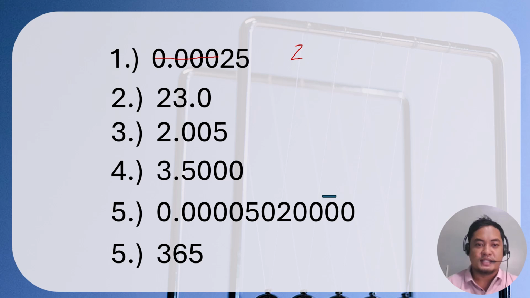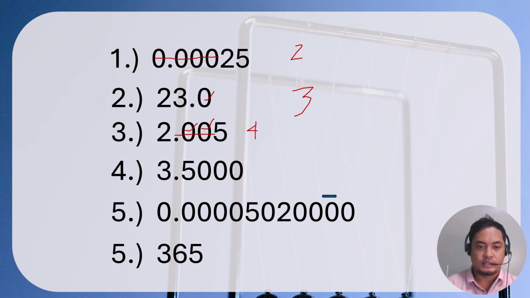The next, it's a decimal number greater than one. So if you still recall, when it's greater than one, the zero here is significant. In this case, we have zeros in between non-zeros, so we can count them as significant. So we have four sig figs.